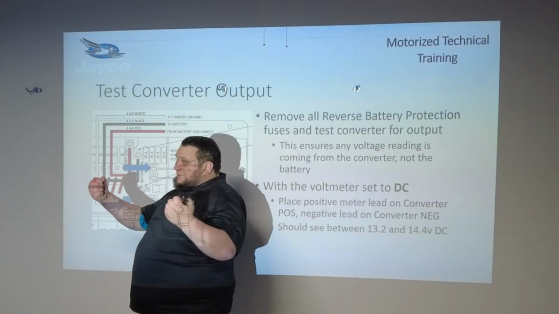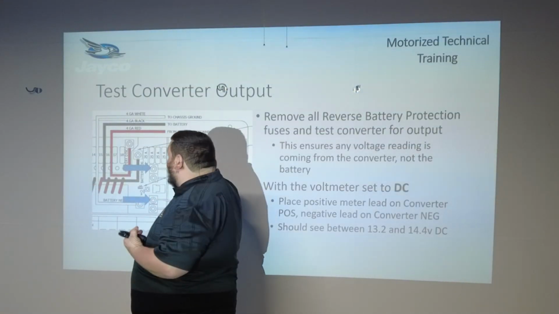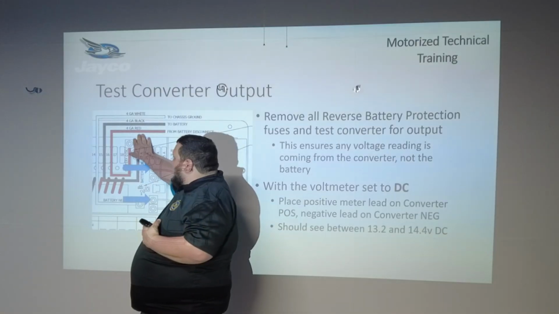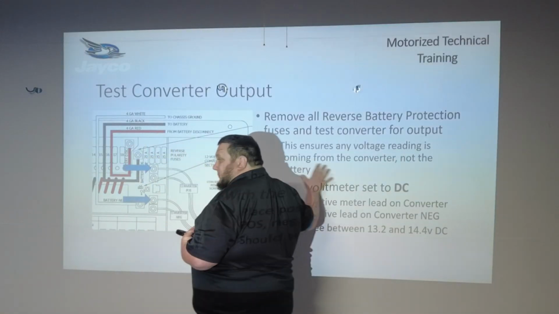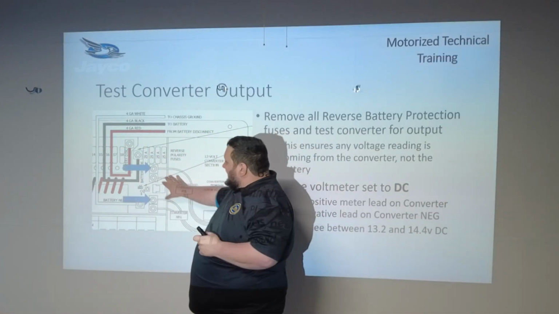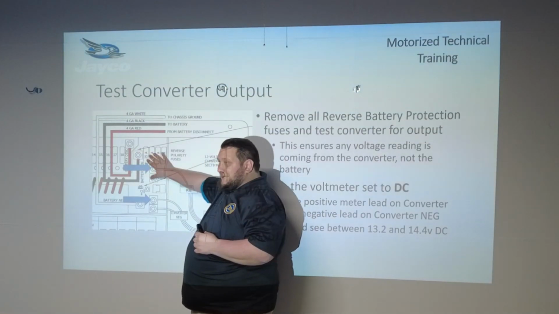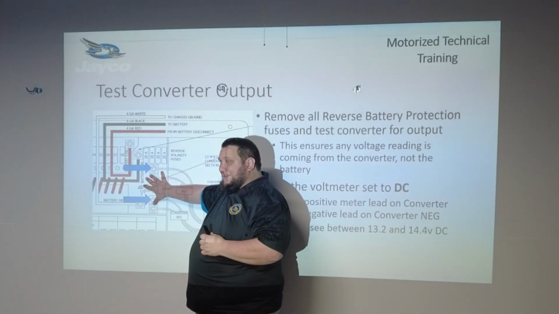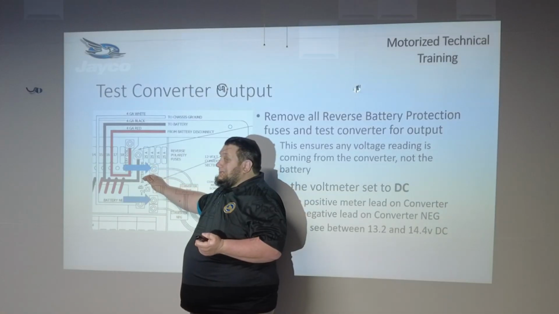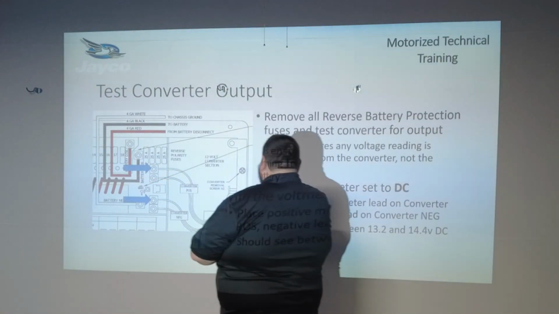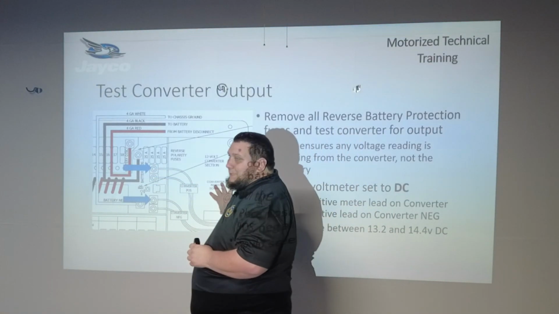But if we've got our battery hooked up and everything's correct, and our battery's hooked up but we've got no power coming out of our converter, do we still have power to here? Do we still have power coming up to here and sitting here? We would. So that allows us to just test, is the converter outputting?